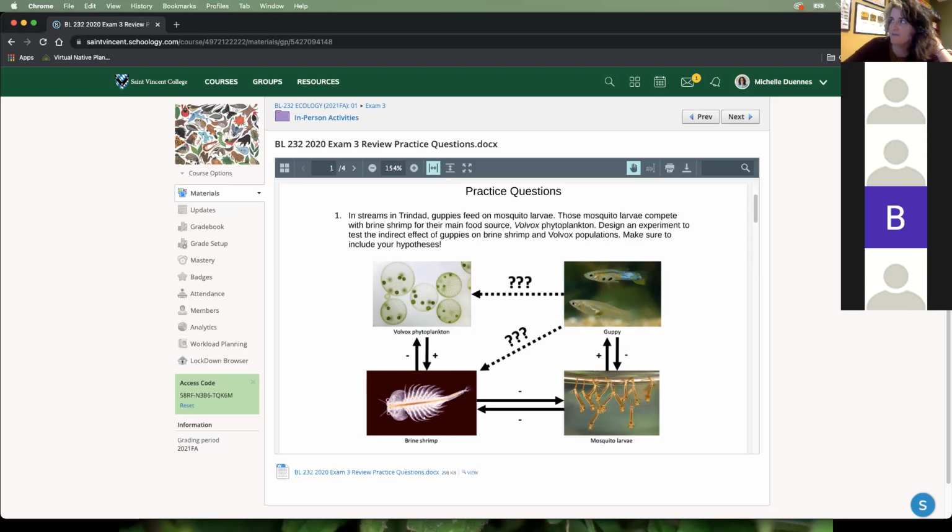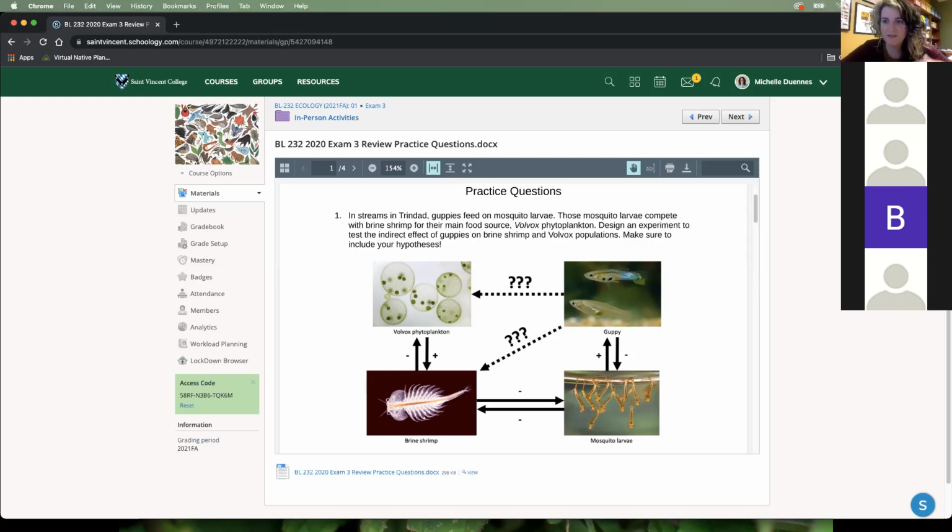Some other ways that I've seen people answer these in the past are a little more complicated, whereas you change the total number of individuals of each of the 4 species that you put into the tank and then see how they affect it. So that's more fine scale, but the really simple way is to just design an experiment with and without guppies.